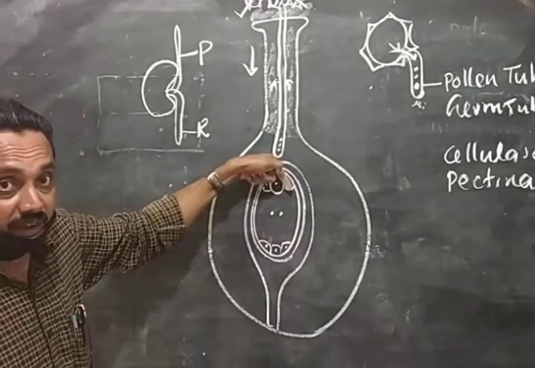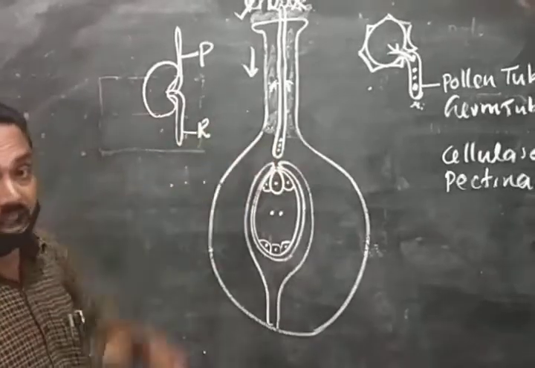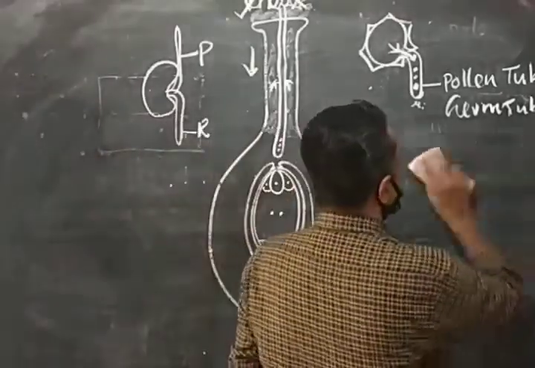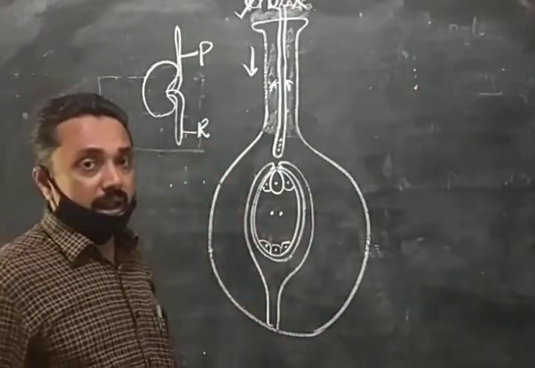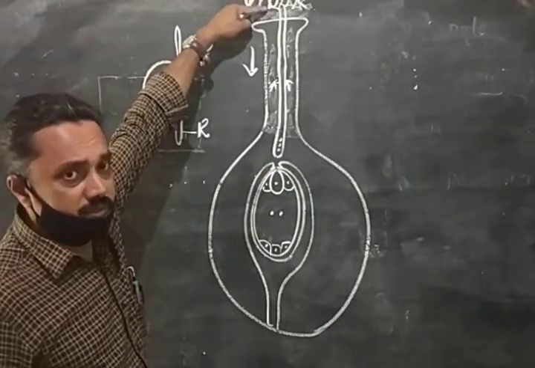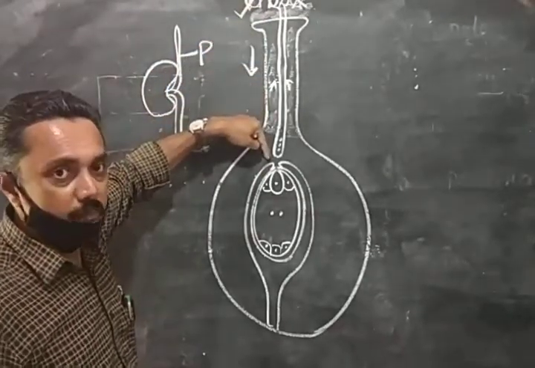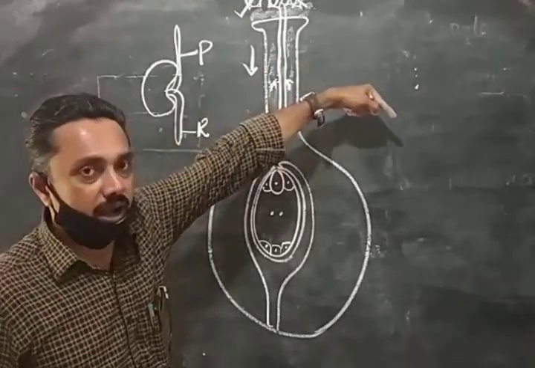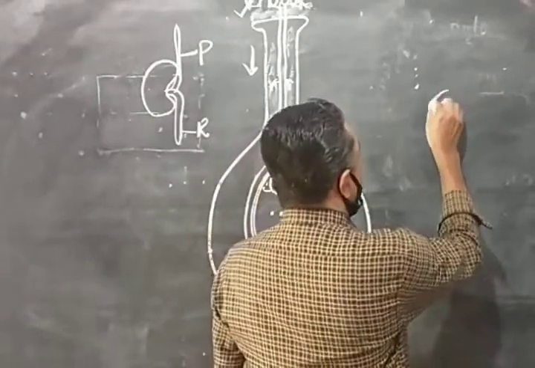I will represent in another diagram how it enters the micropyle and ovule and what happens. I think this is clear for you. The pollen tube from the stigma comes to the style and reaches the ovary near the micropyle. In the next diagram, I will represent how the fertilization takes place.